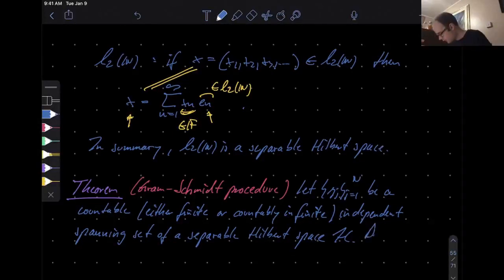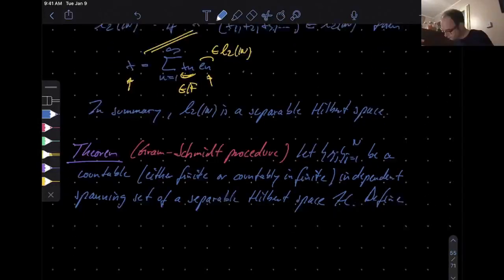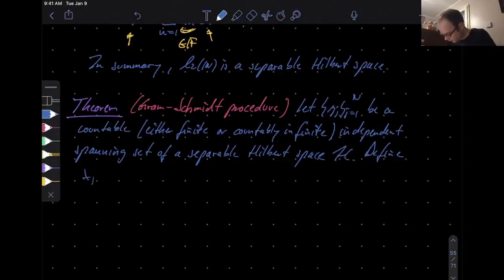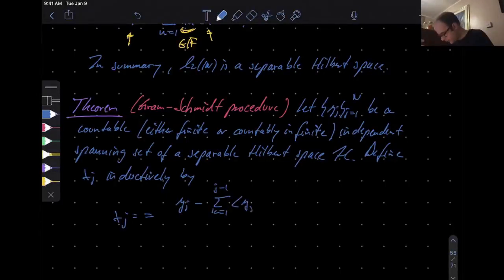Okay, now define x_j inductively by the same formula as in linear algebra. You can make sense of this formula geometrically by looking at orthogonal projections on some orthogonal complement, but we haven't discussed projections yet, but we will in time.